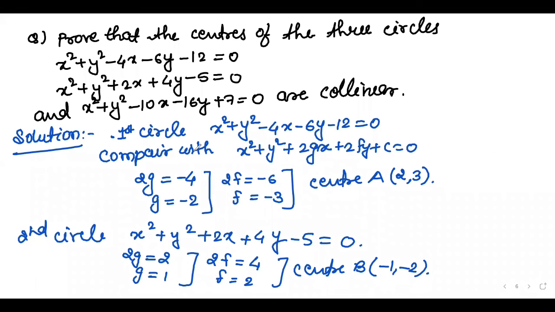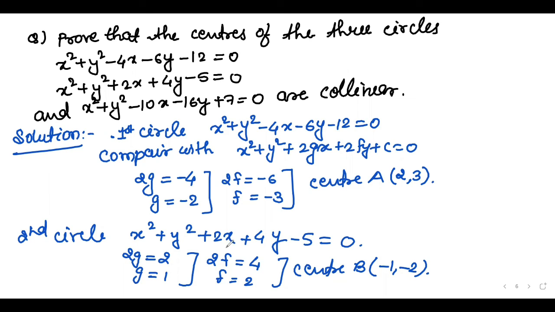So the equation of the first circle is x square plus y square minus 4x minus 6y minus 12 equals to 0. Comparing with the equation of the circle x square plus y square plus 2gx plus 2fy plus c equals to 0, 2g equals to minus 4, then g equals to minus 2. And 2f equals to minus 6, then f equals to minus 3. So the center (-g, -f) is A (2, 3). Now the second circle equation is x square plus y square plus 2x plus 4y minus 5 equals to 0.